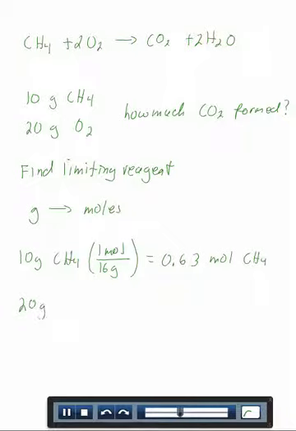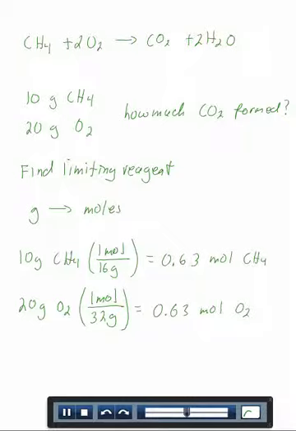Now we start with 20 grams of oxygen. So 1 mole of O2 weighs 32 grams from the periodic table. And so this will give us also 0.63 moles of O2.